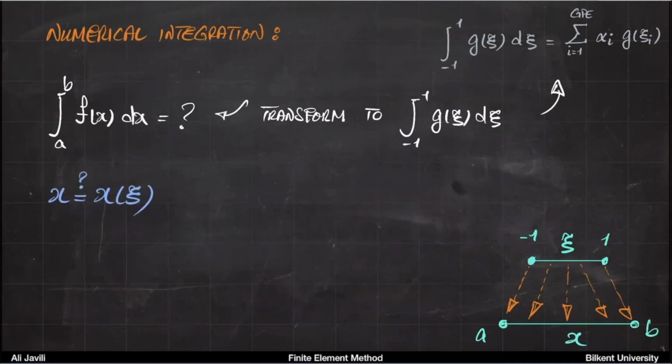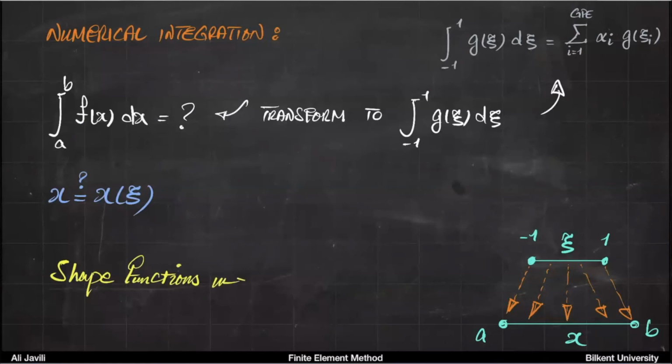We have already done something like this, not exactly in this sense, but we already have a very powerful tool to transform something to something. Remember before, when we talked about the shape functions, what did shape functions do for us previously?